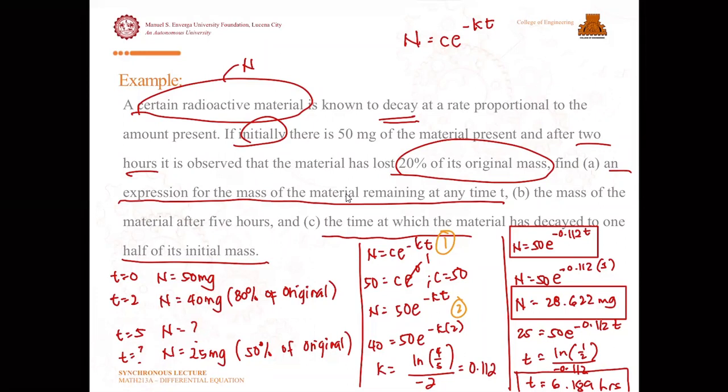So beyond 5 hours, it becomes 50%. So this is the solution for number 2.